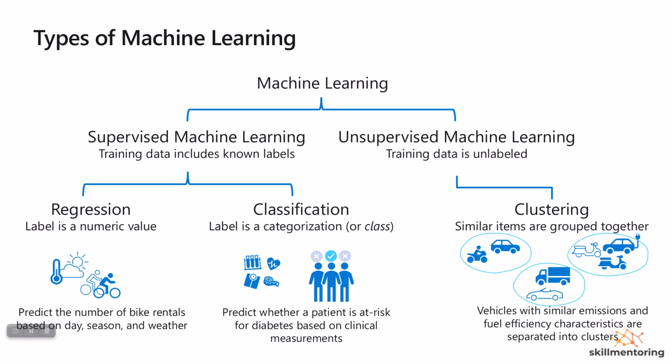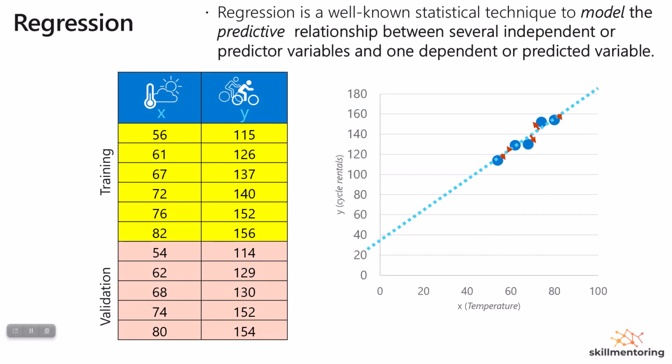For example, we can group together vehicles with similar emission and fuel efficiency characteristics, etc., into separate clusters. So when you think about machine learning, these are the two primary ways in which machine learning models are created. Let us explore a little bit more on this.